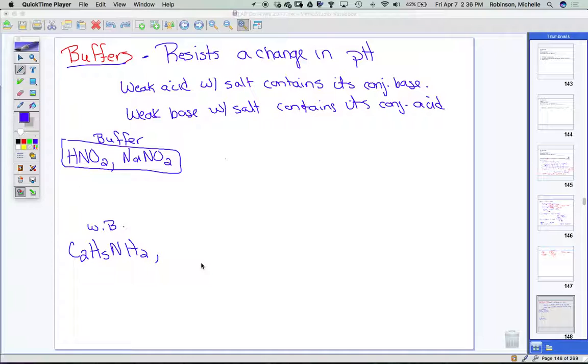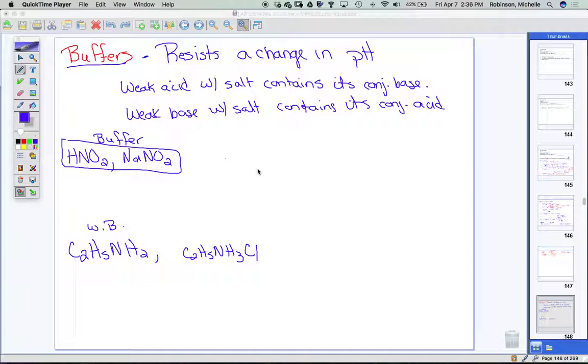Yeah, that becomes much harder, doesn't it? Because you don't recognize that. The weak base's salt, the conjugate acid will be the cation. With what? Right, it has to be with an anion.